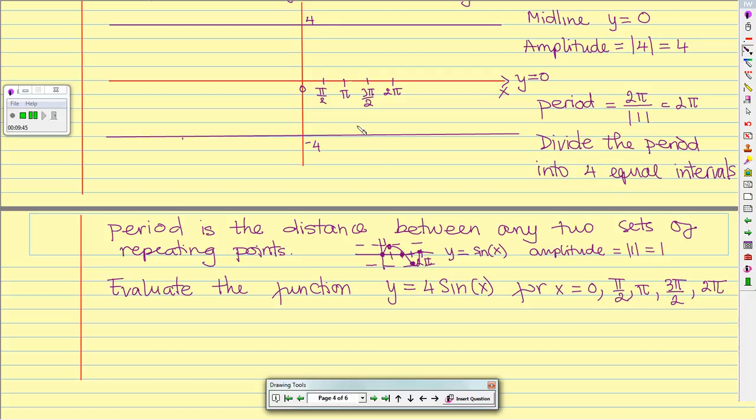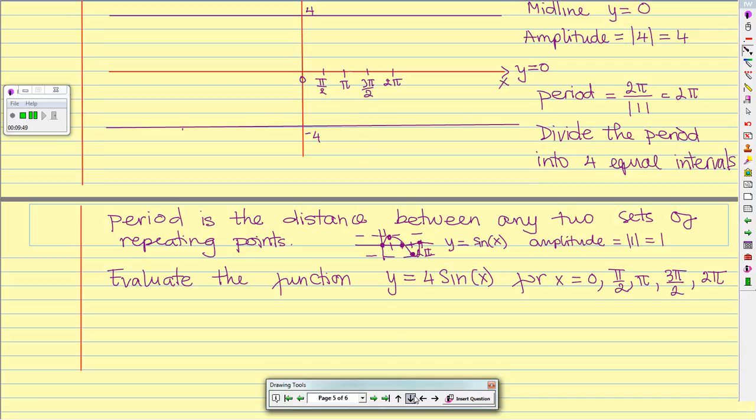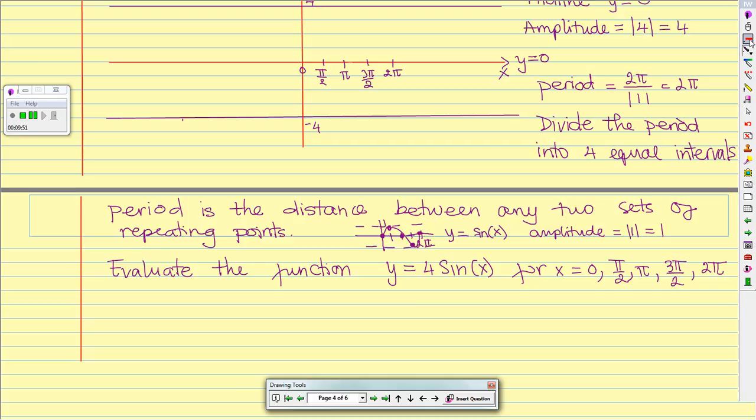It will be 4 for y maximum and -4 for y minimum. And if you want to make sure, you can go ahead and make a table and plot the points. You can evaluate using your table. So I'm going to put x, and this is y equals 4 sine of x.